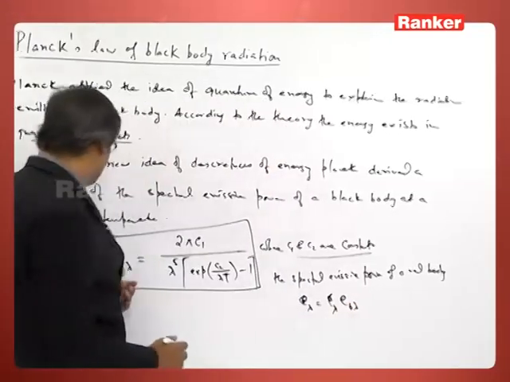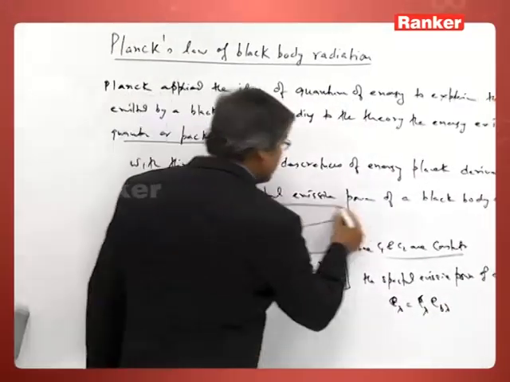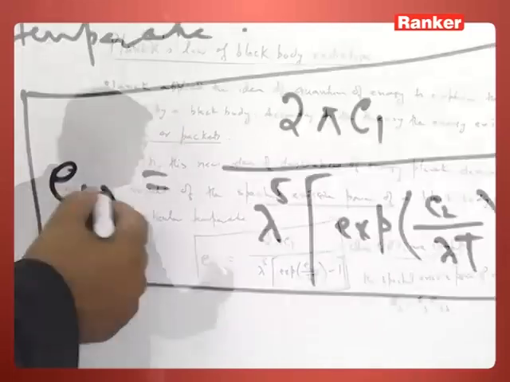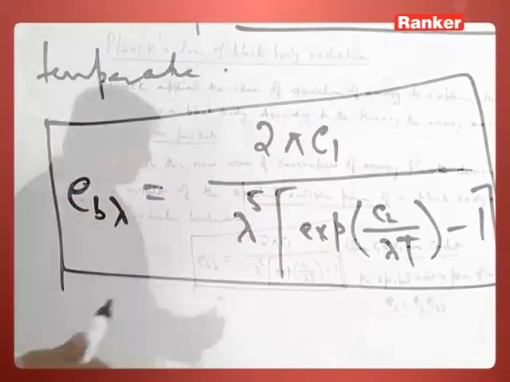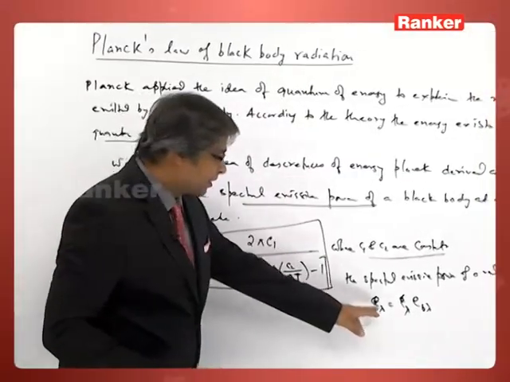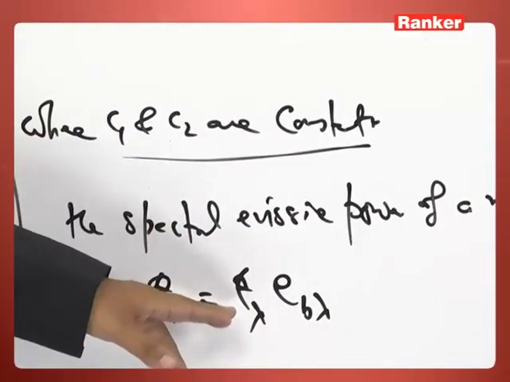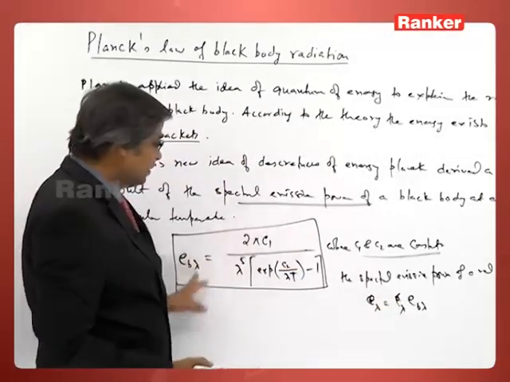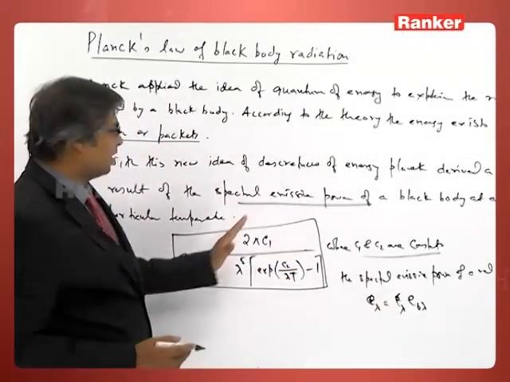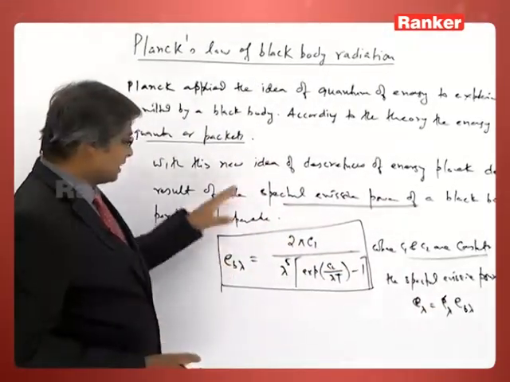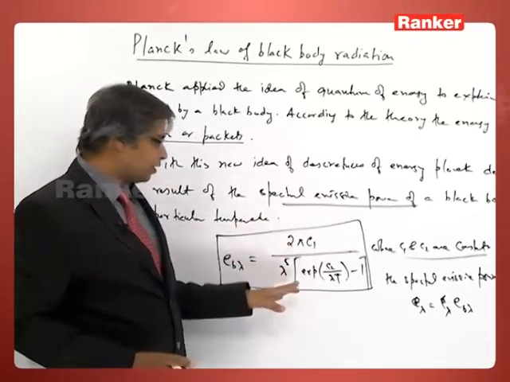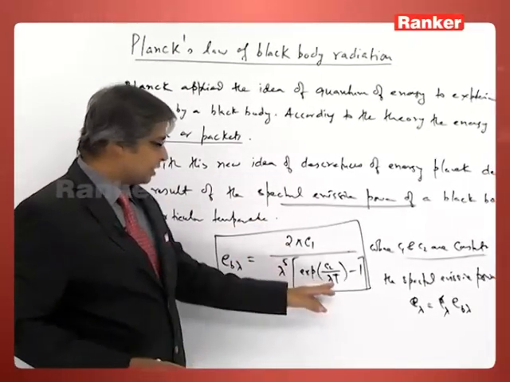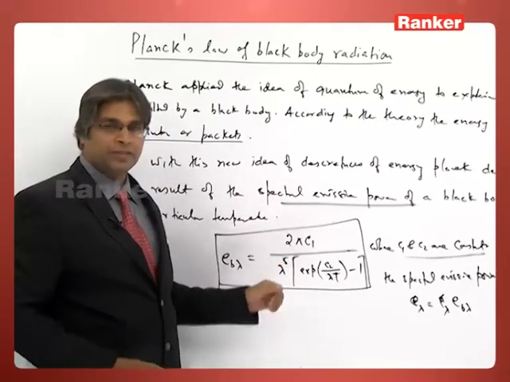So, this is the emissive power. Spectral emissive power of a black body is EB lambda, and for a real body it will be spectral emissivity into EB lambda, where EB lambda will be given by this expression. Now let us see its plot, how it is plotted against lambda, and see what are its characteristics.